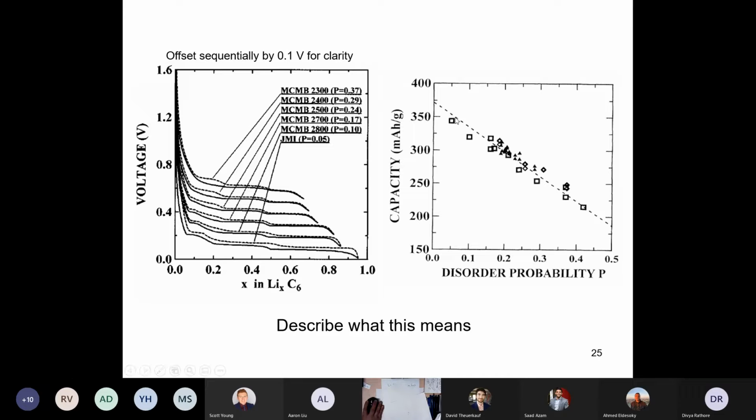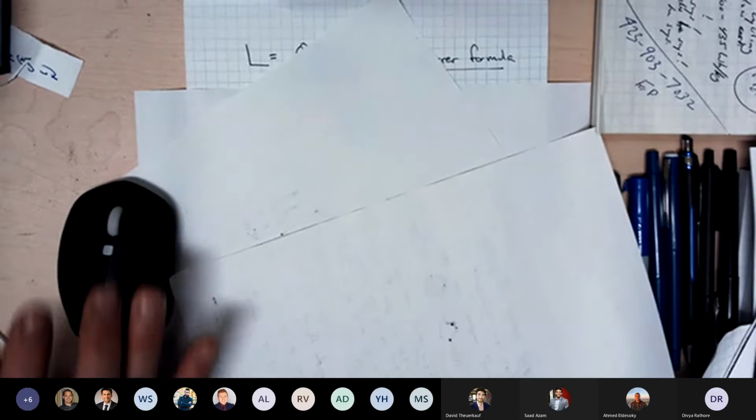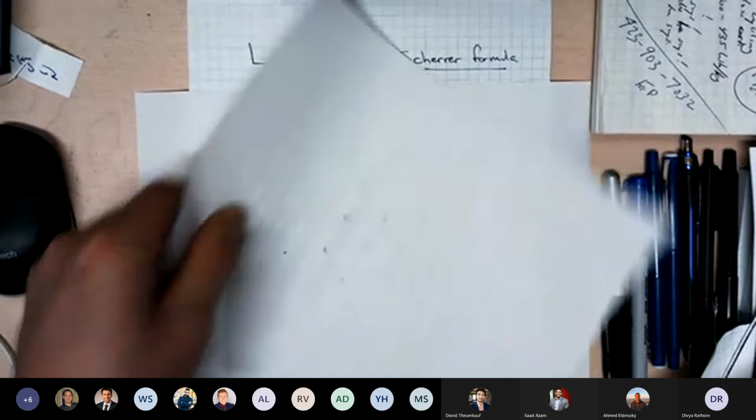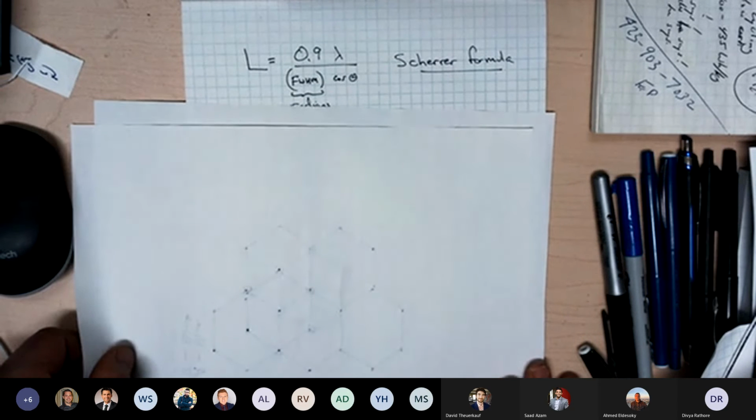Anyway, you'll have a homework problem where you get to consider this issue of, does it mean that you cannot put lithium atoms between turbostratically misaligned graphene sheets? Just go back to my document camera for a minute. So here we are, okay?